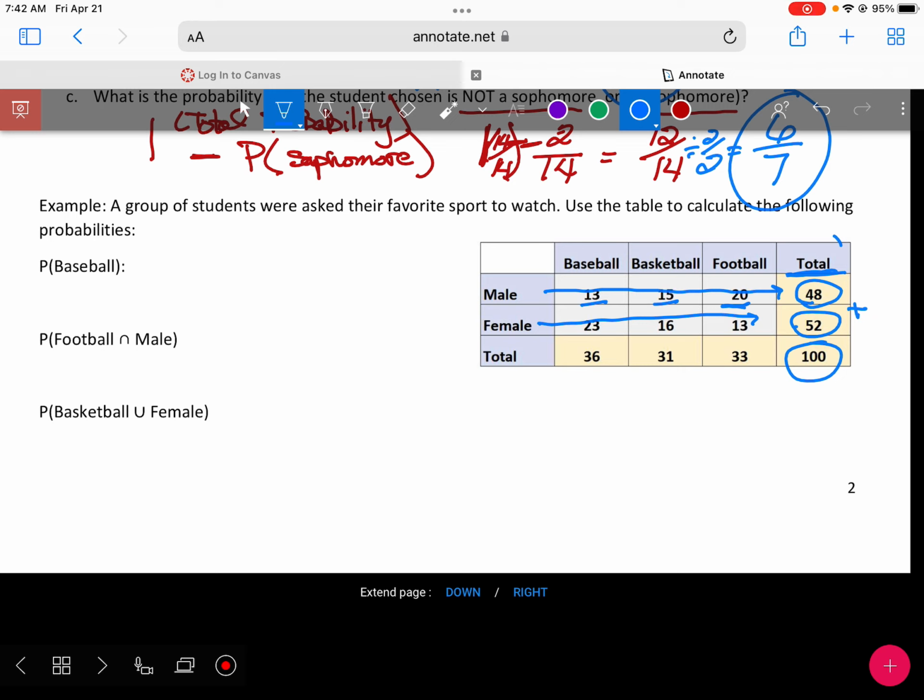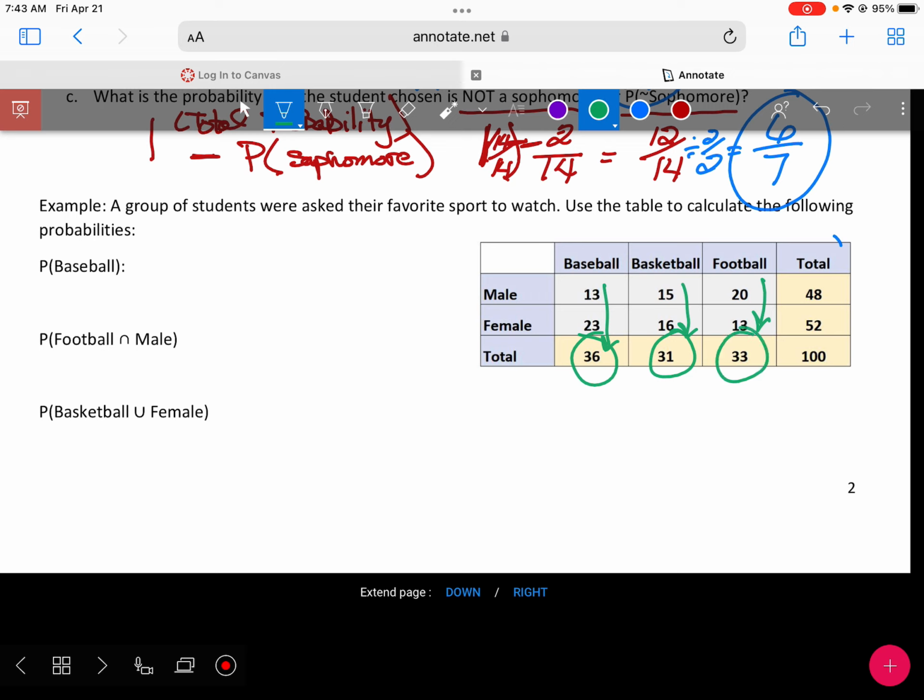Okay? In a similar way, we have that for baseball, basketball, and football as their favorite sport to watch. So baseball, we had 36 people who said that baseball was their favorite sport to watch. We had 31 for basketball and 33 for football.